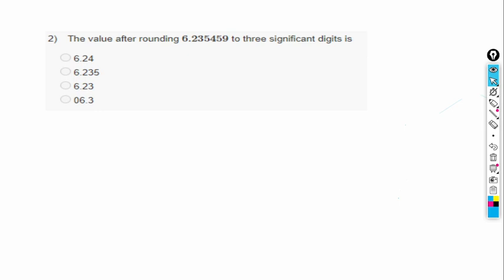Along with the value 6, consider it and tell me what will be the answer. Yeah, it will be 6.24. Fine, because when you round it off from 5, it will go to 6.24. So the value after rounding 6.23559 to 3 significant digits is 6.24. Hence, correct option is A. Fine.